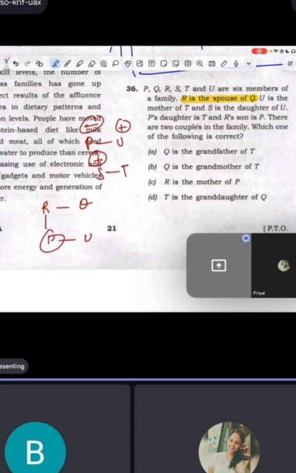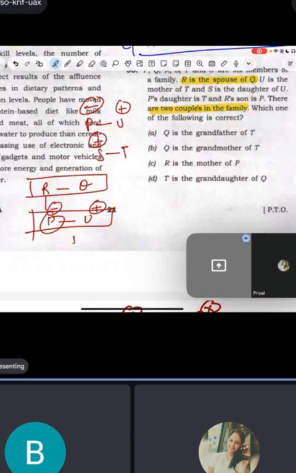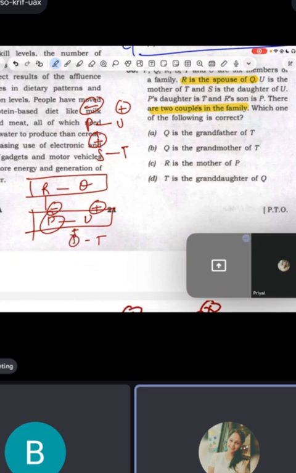They are a couple, and R and Q are also a couple. Because the question is saying there are two couples in this family. So one couple is this, one couple is this actually. And P is male and U is female. So S and T are the son and daughter. I don't know the gender of T, but I know the gender of S.